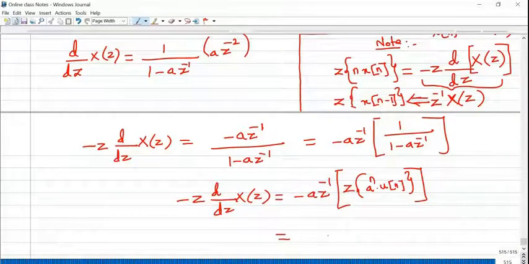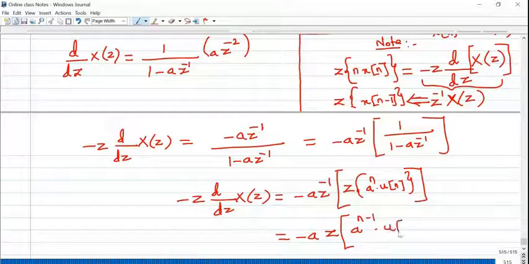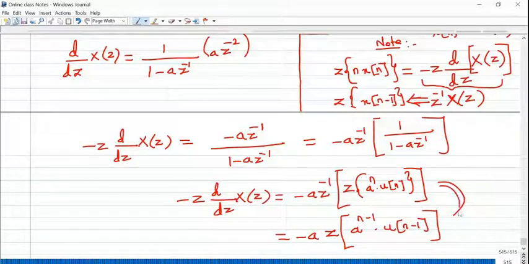So what I'm going to do: minus a times the Z transform of a power n minus 1 u of n minus 1. So this equation would become like this.